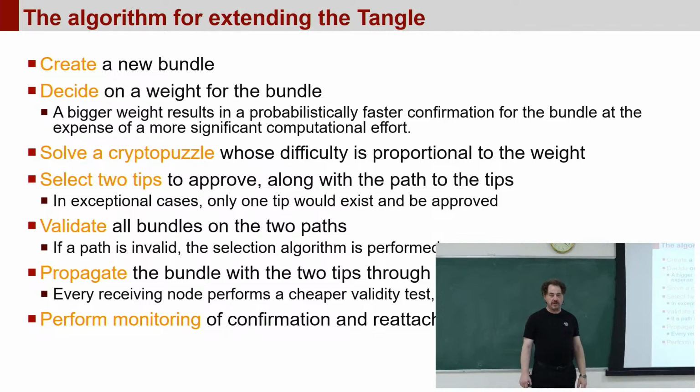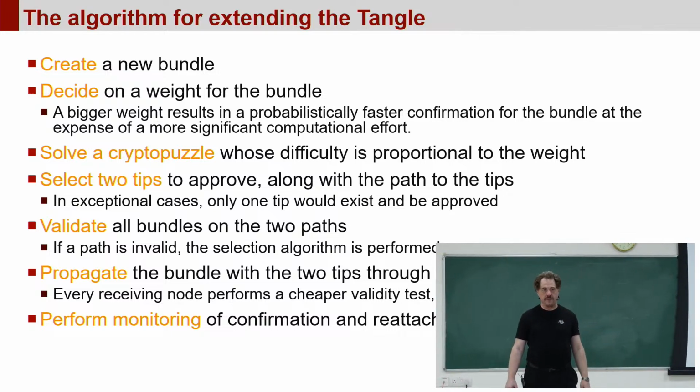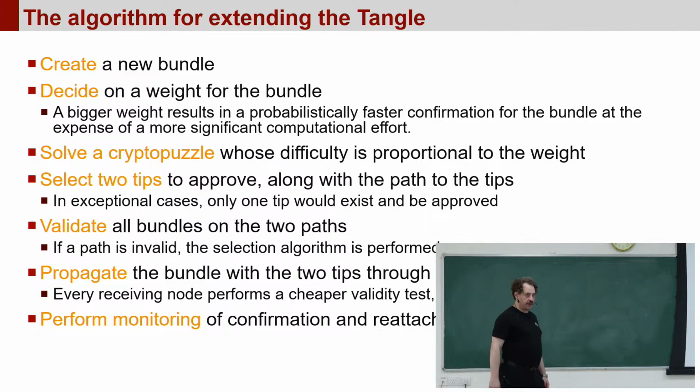So essentially, the issuer of the transaction needs to decide if the issuer wants to go for a fast confirmation and then put more resources into the crypto puzzle, or if the node doesn't care. And then the node can assign, it cannot assign a zero weight, but it can assign a weight of 1.